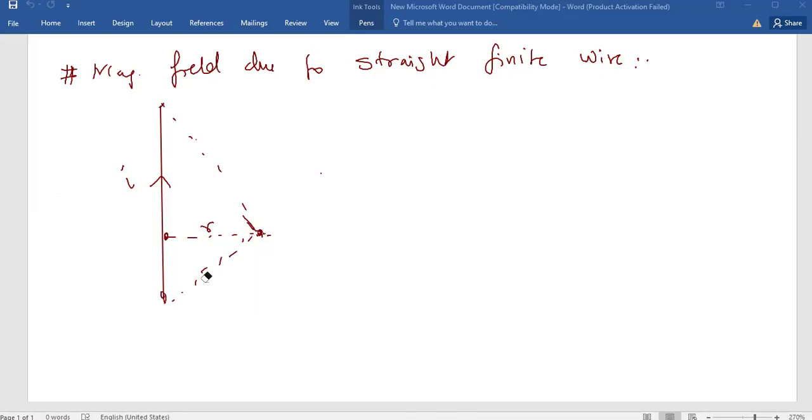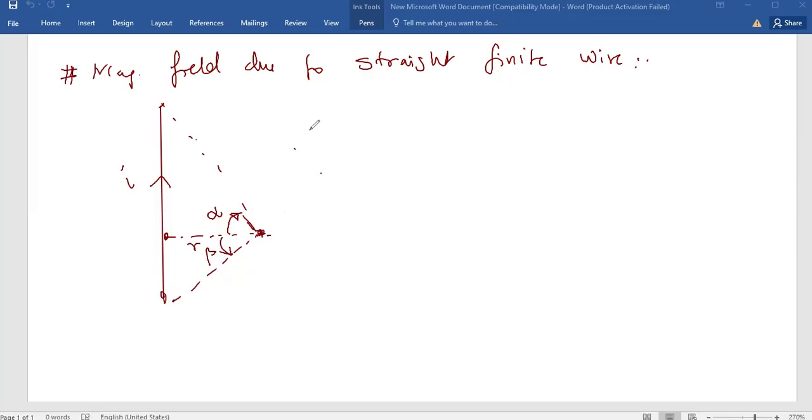For that, you join the top endpoint and the bottom endpoint. Then from the perpendicular direction, you take the clockwise rotation as alpha. So this is R, this is alpha. So clockwise rotation to the first endpoint, and this anti-clockwise rotation you will take as beta.